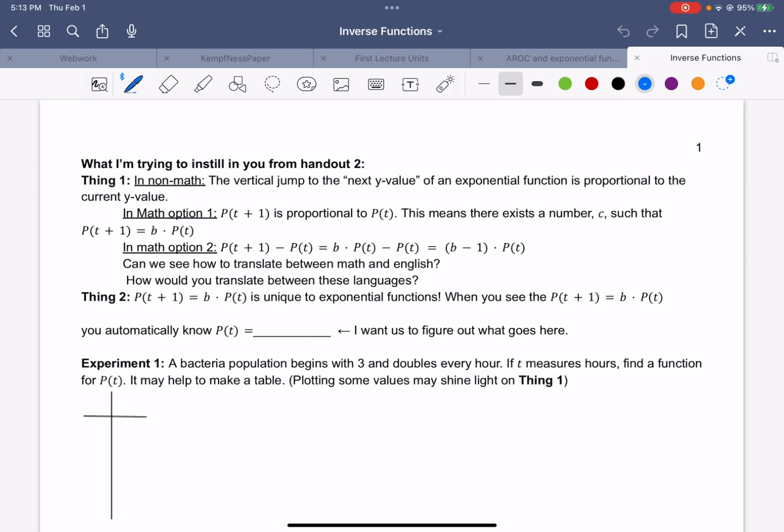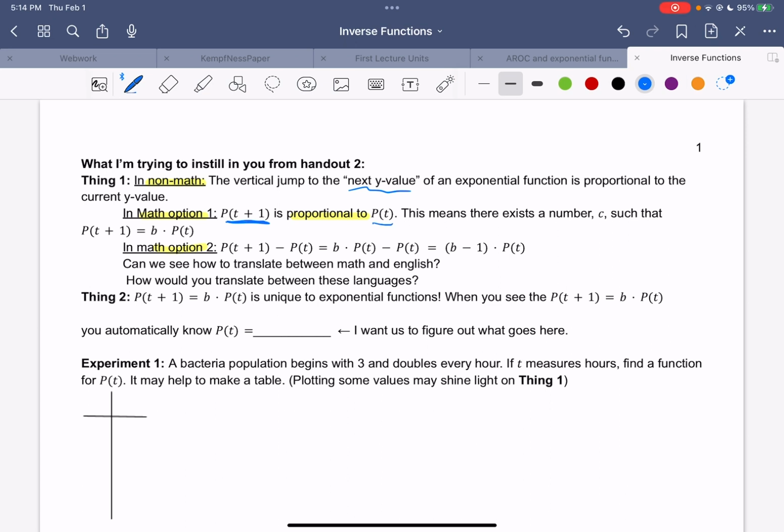Exponential growth is the idea that the next y value, that's what I'm going to call this, the next y value. It's sort of hard to refer to an idea like this with English words. We sort of need math words, and that's what I'm trying to say when I say this stuff, okay? So the next y value is proportional to, there's this vocab word that keeps popping up, the current y value.